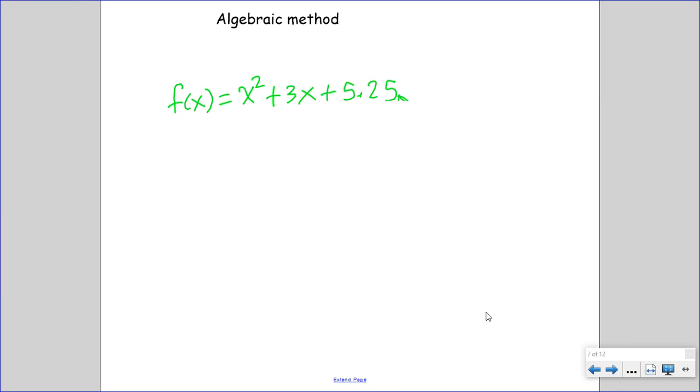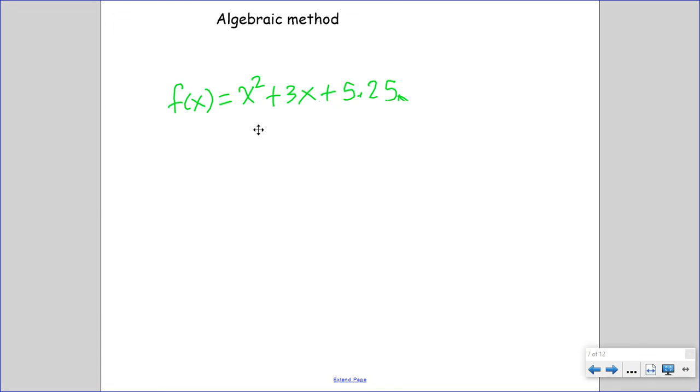Now, for the moment, we have been seeing only examples where our binomial square began with this middle term being even, but the process is really the same. So now, if I have a standard form equation like this, x squared plus 3x plus 5.25, I can anticipate that I need to figure out potentially what binomial x squared plus 3x might have come from.